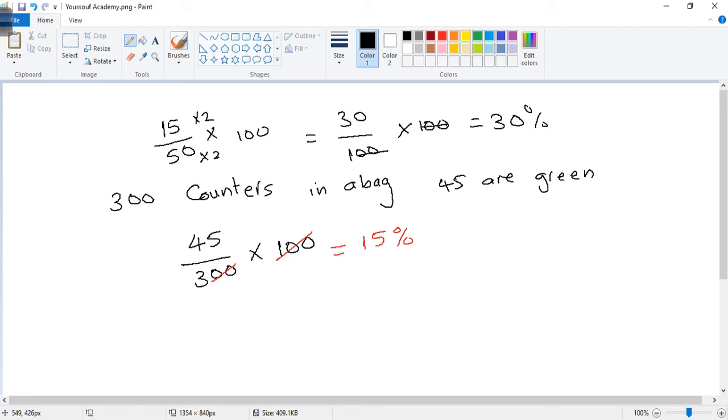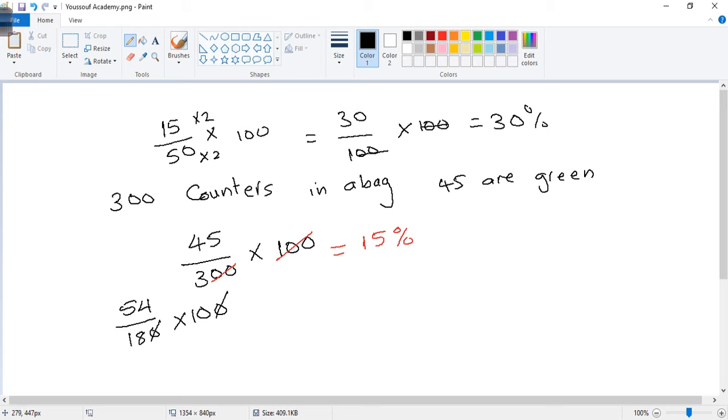Another example: write each of the following amounts as a percentage. 54 out of 180. We times it by 100. We make it as a fraction.